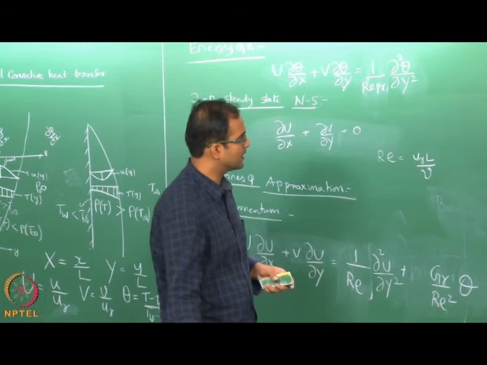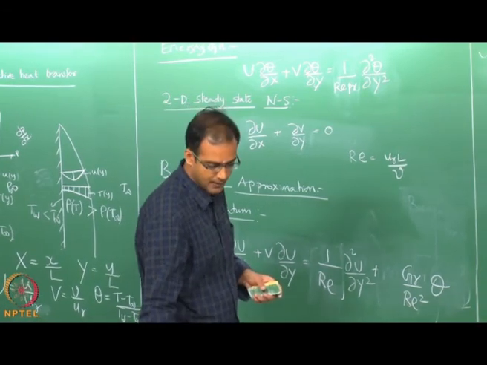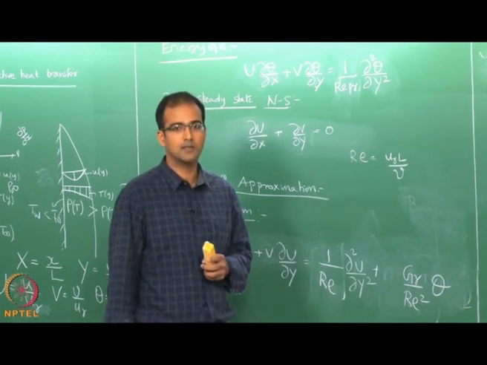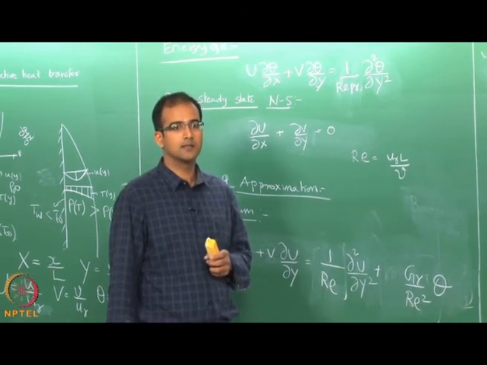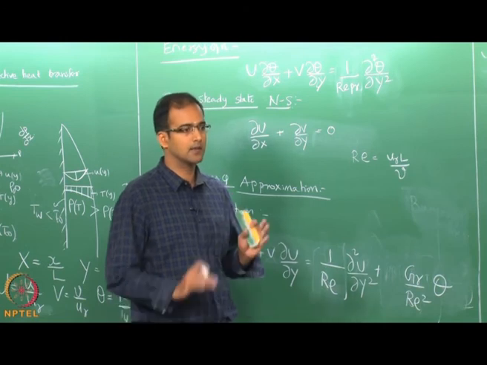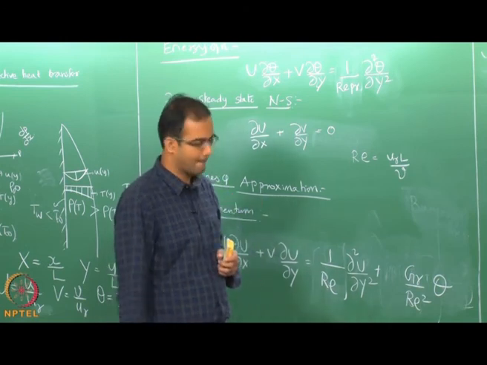In the process we have therefore defined a new non-dimensional number which is very much relevant to natural convection, the Grashof number, the ratio of buoyancy to viscous force, analogous to the Reynolds number.